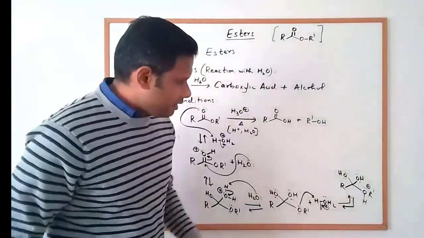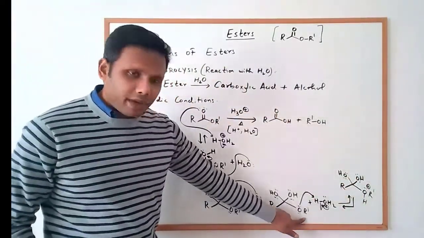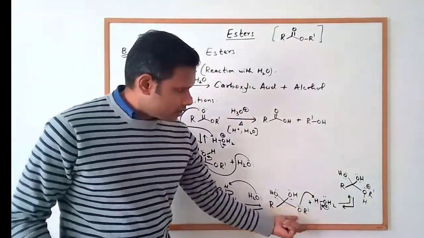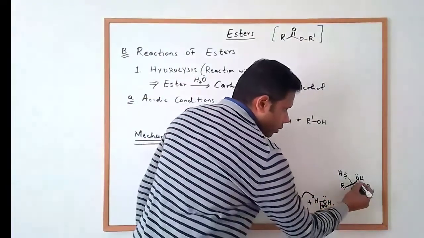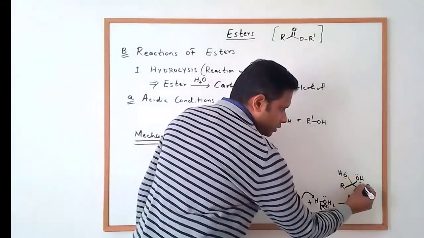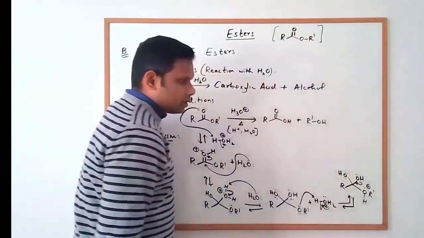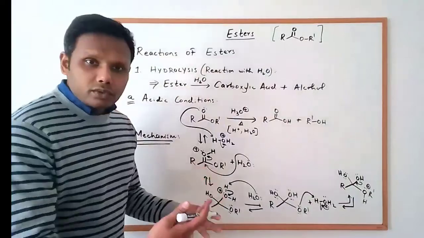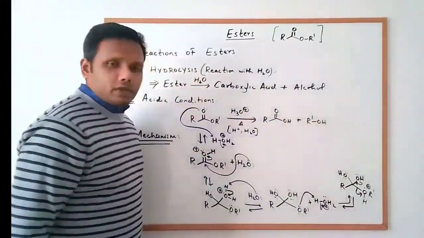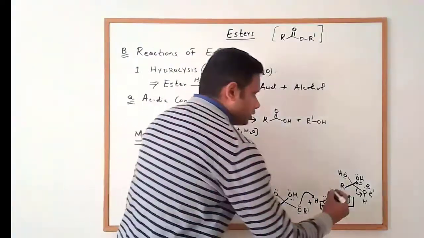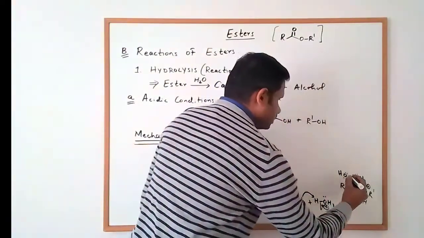It is a good leaving group. Okay, we've converted the bad leaving group, which is an alkoxy group, into an alcohol good leaving group. So one of these oxygens, the hydroxyl oxygens, would push down its lone pairs, and that would assist in the loss of this alcohol group. So those electrons come down and the alcohol is lost.